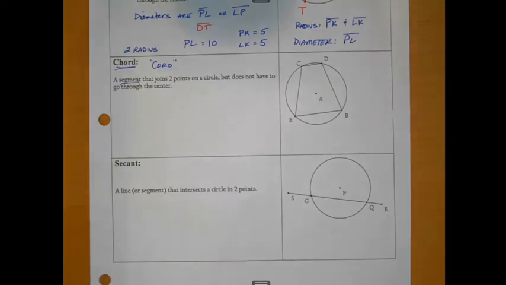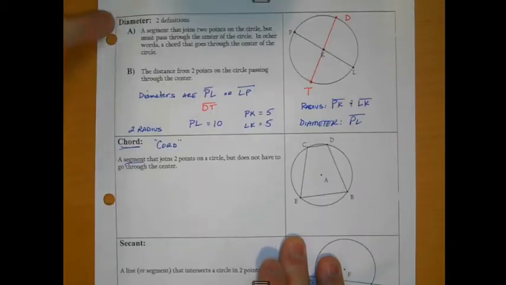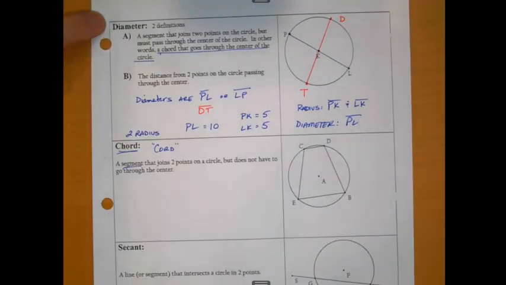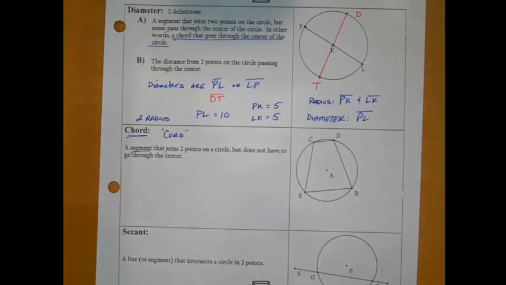So if it does go through the center, it's called a diameter because it is a chord that goes through the center. So remember our definition of a definition of a definition is that we need words to describe everything else. So a chord, first of all, is a segment that joins 2 points on a circle. A diameter is a chord. We know what a chord is now that joins 2 points on a circle.